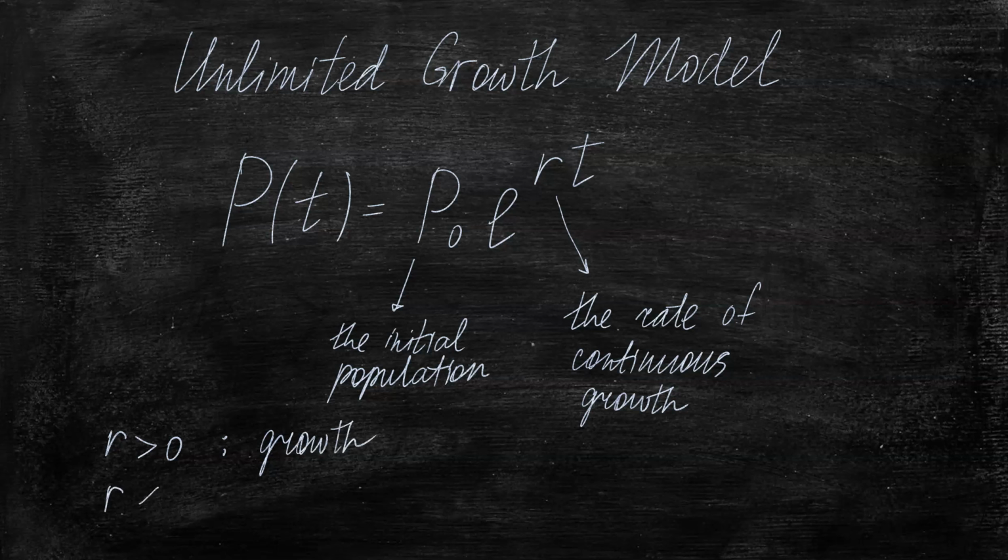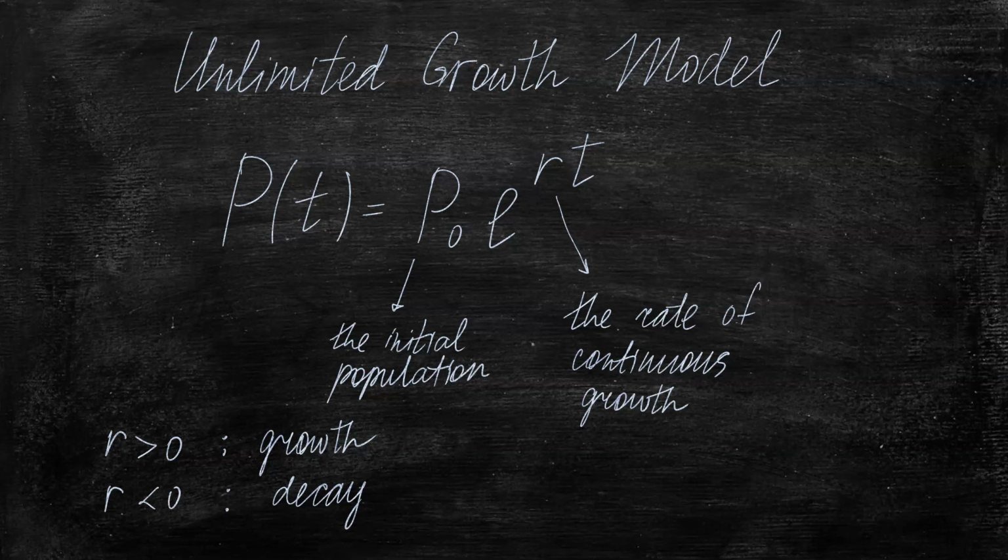And when r is negative, then we have decay. So again, we still call it the unlimited growth model, but when r is negative, then growth becomes decay.